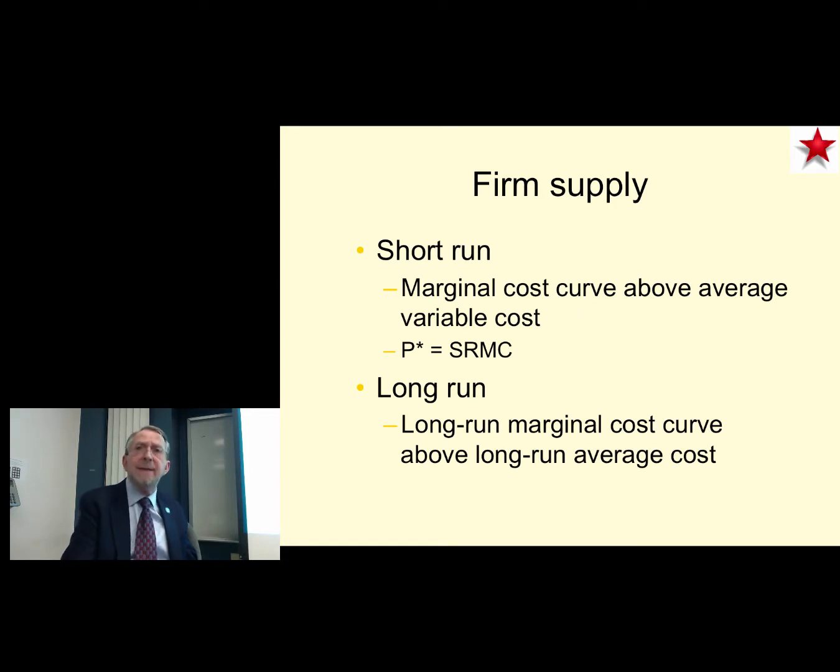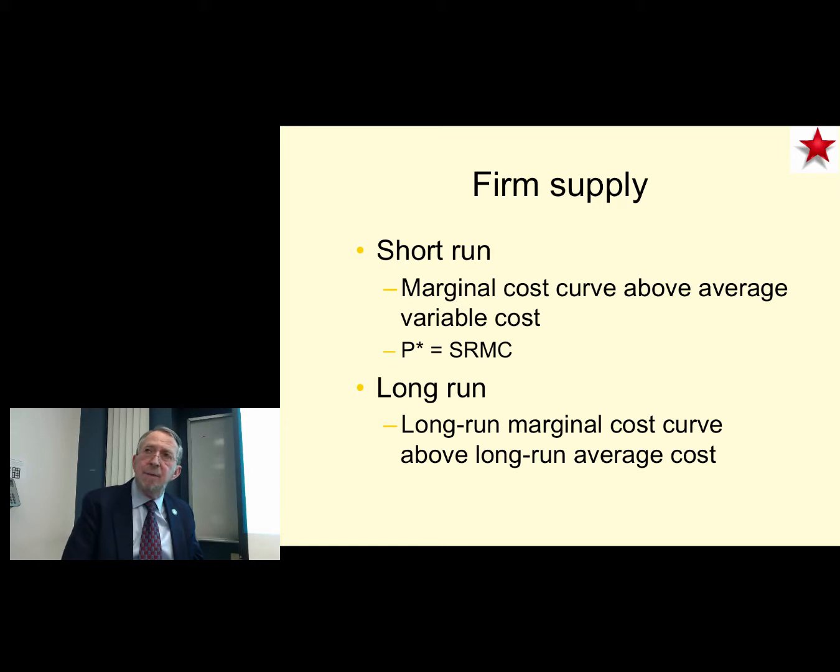In the short run, the production function of the firm is marginal cost above average variable cost. If demand intersects below average variable cost, you're not taking in enough money to pay your production inputs.